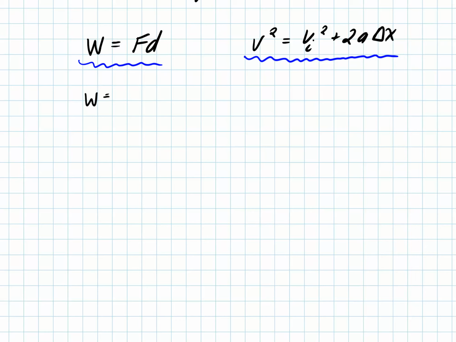Well, Newton's second law says, well, what does it say? It says F equals ma. Remember, F equals ma. So I'm going to write this as ma for force times d. And then, because the parentheses don't change anything, I'm just going to switch the parentheses to go m times (ad) in parentheses.